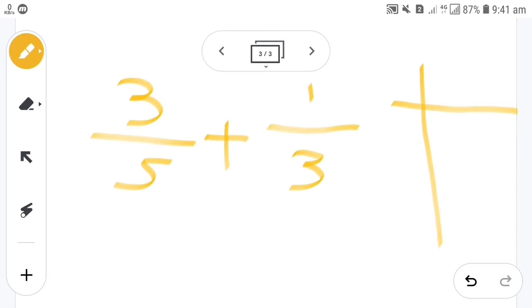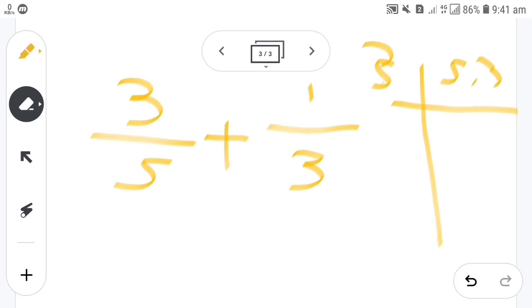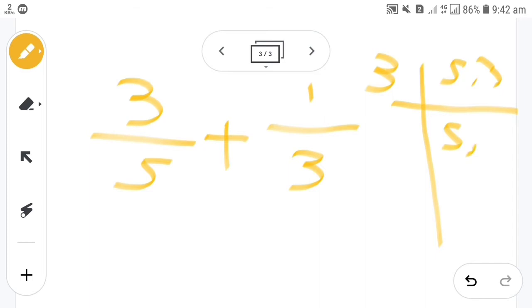We can find LCM in this way: 5, 3 divided by 3. Divided by 3, 5 as it is, 3 divided by 3 is 1.